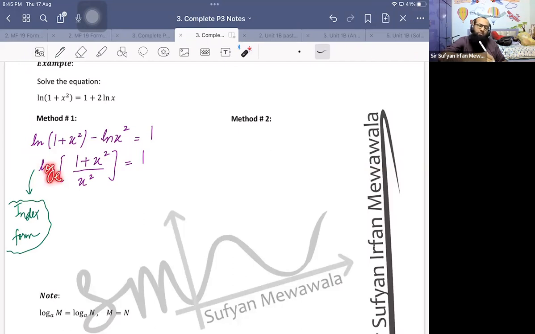So we know that the base is e. This 1 is the power, and 1 plus x square upon x square is the answer. So if I am going to write this in index form, then I'll say base is e, the power is 1. So this is e base with the power of 1 is equals to answer, which is 1 plus x square divided by x square.